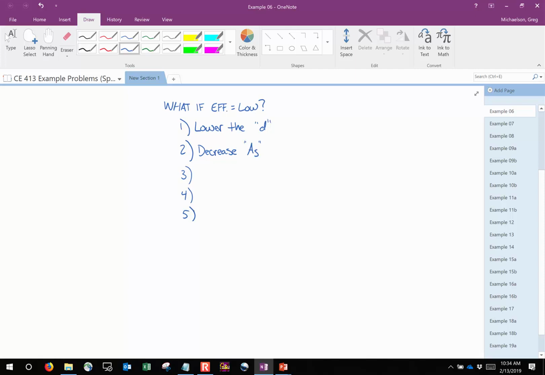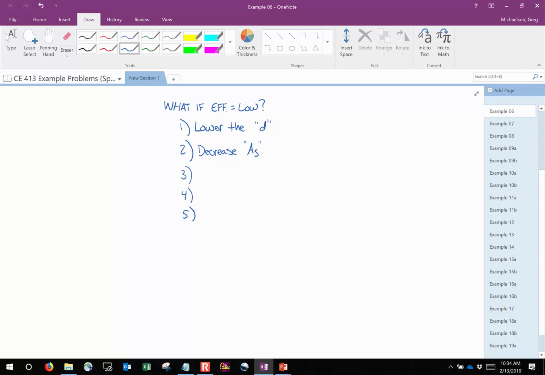The calculations that we're doing, it's not like it's terribly difficult. Just change a value. I mean, how hard is it to build an Excel sheet that could calculate A or MN or C? It's not that difficult, right? So this is short stuff. So you said, decrease D, decrease the area of steel.